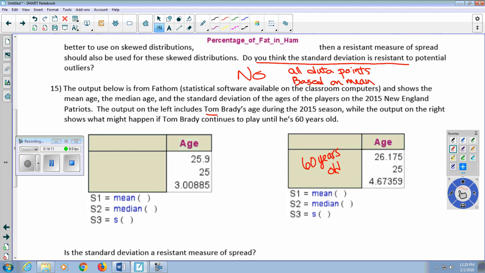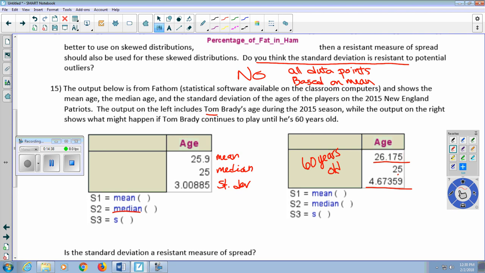And the way we would read this is that the first line is our mean, the second line is our median, and the third line is our standard deviation. So you can look at these two outputs and see the mean increased, the median stayed the same, and the standard deviation increased.